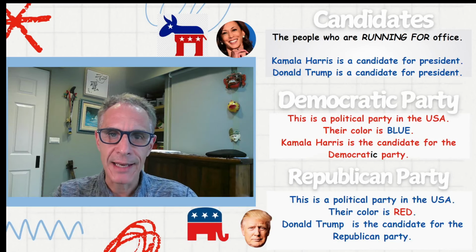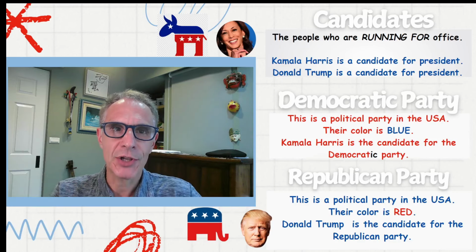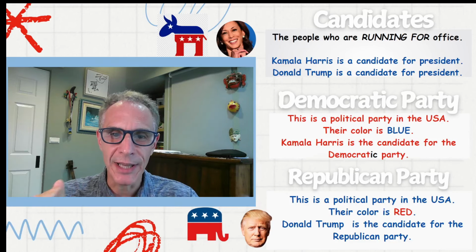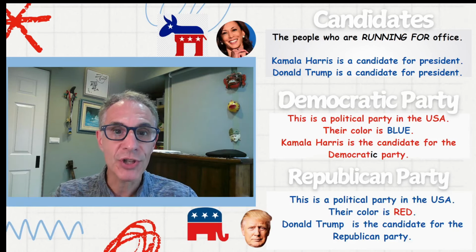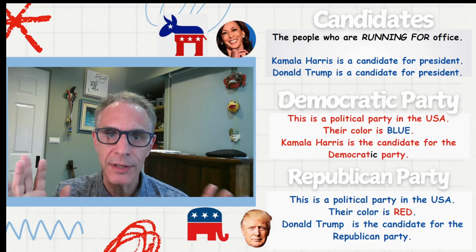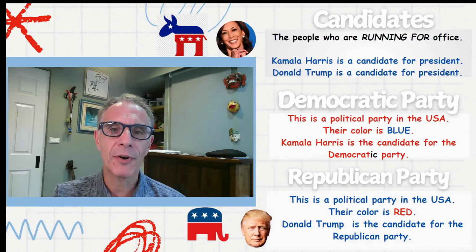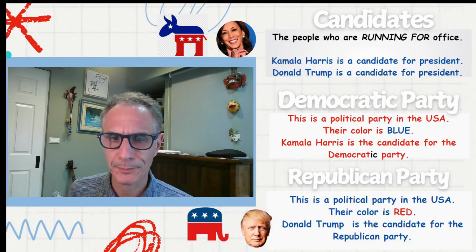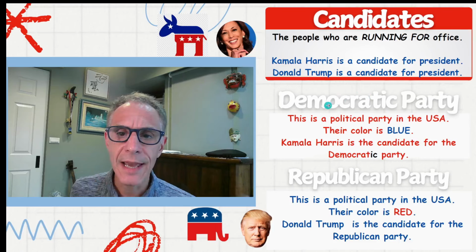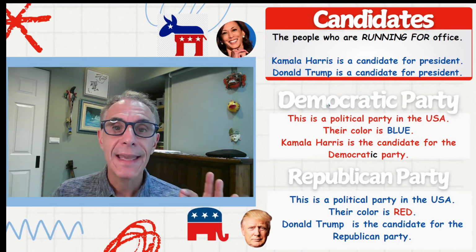Okay, like I said, Americans love to talk about the presidential election, and these vocabulary words in this conversation are really, really helpful, and not only for the USA, but also for any place that has elections. So let's start with the very first one here. The very first word is candidates, okay?